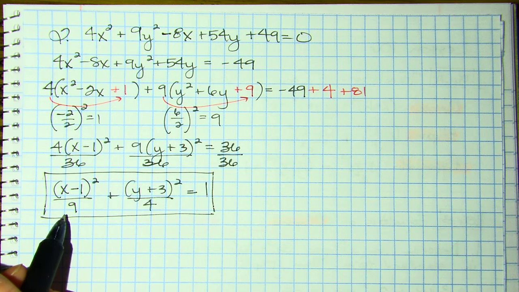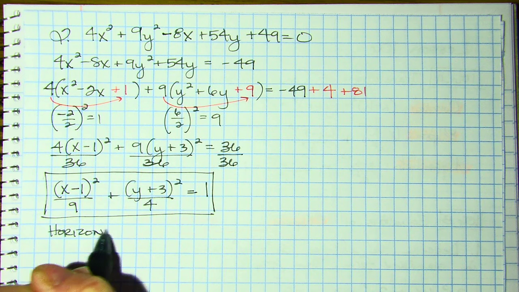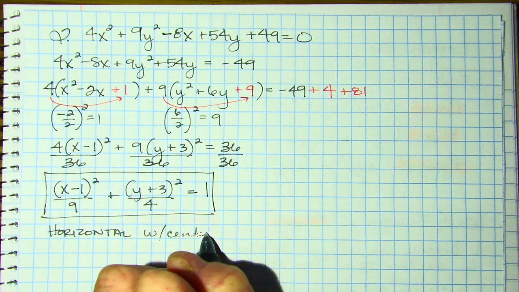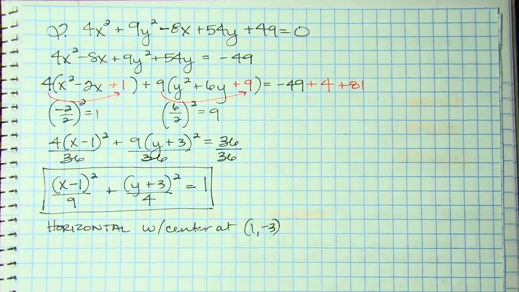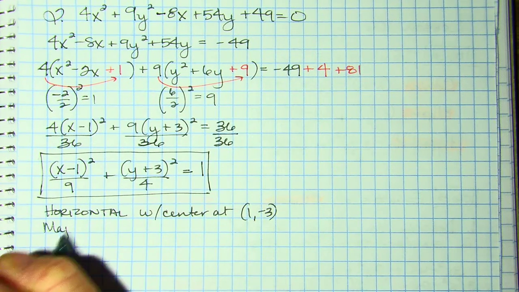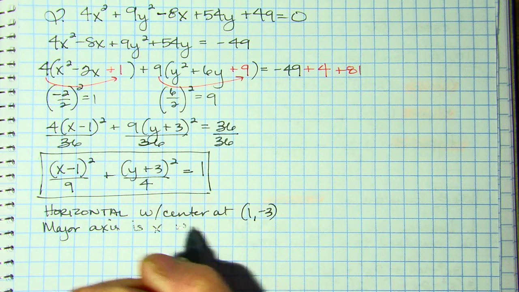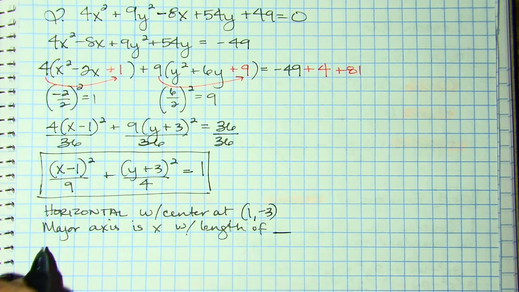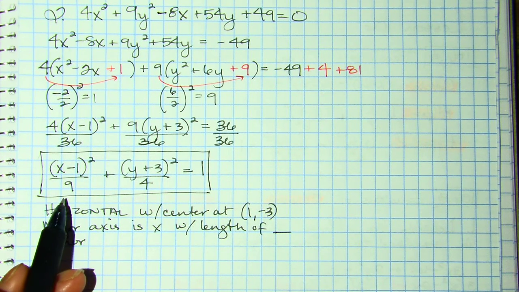Because the larger number, the larger denominator, is underneath x, this is horizontal, with a center at 1, -3. I have my major axis is x with a length of, and we'll fill that in later, and my minor axis, and that's because the longer number is across x, that's why it's major.